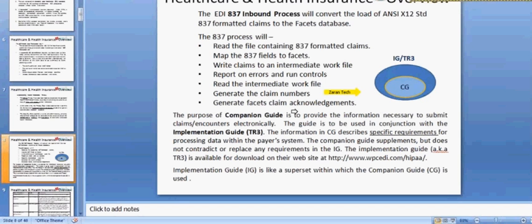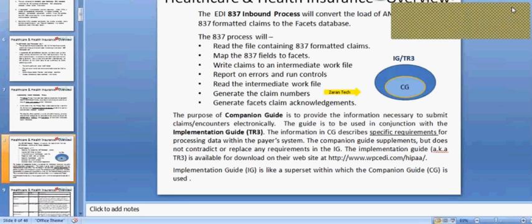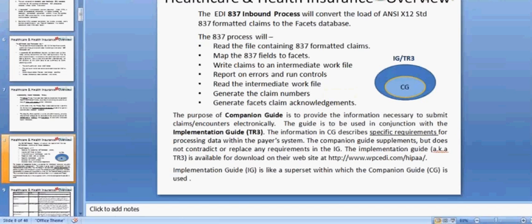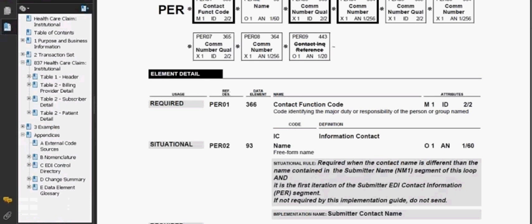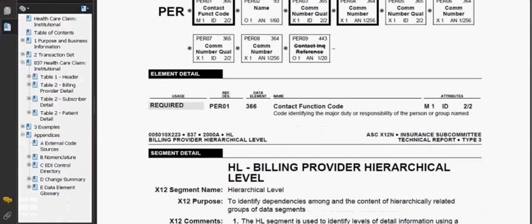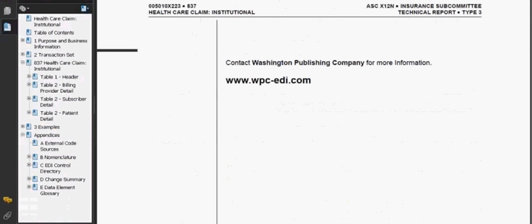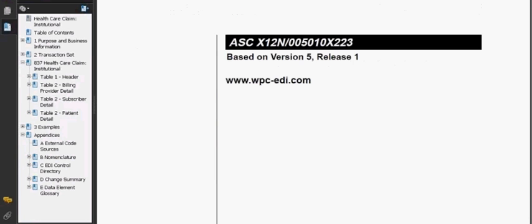For example, let me show you while we are here. Here is a technical report, TR3. It says technical report, EDI and ASC X12 standards. ASC X12 is the one that has provided the standards, and this is a healthcare claim, an institutional claim, and the transaction number is 837.